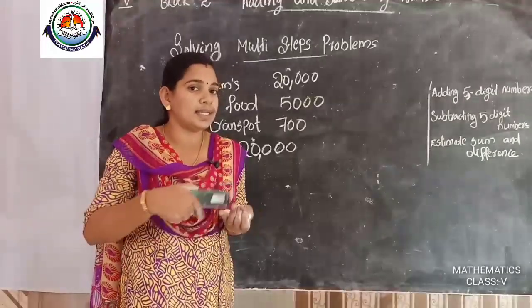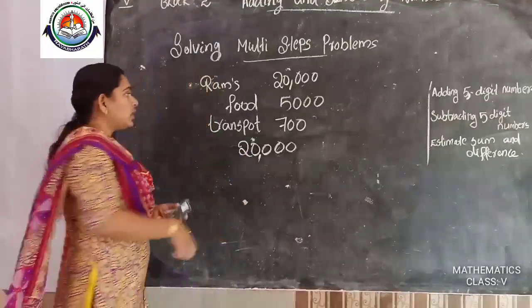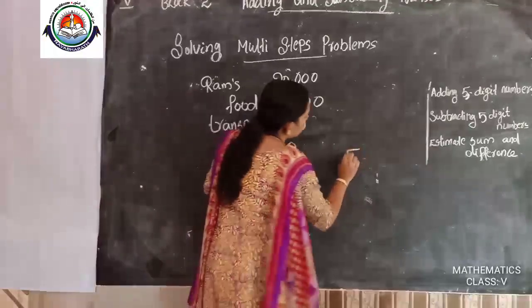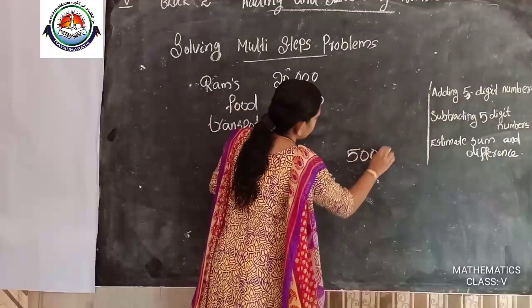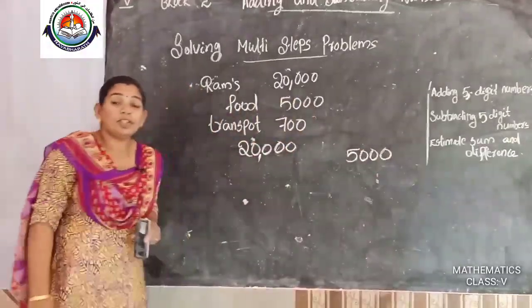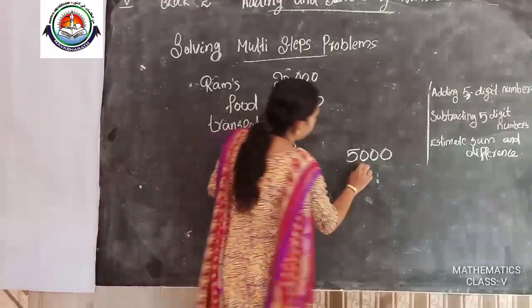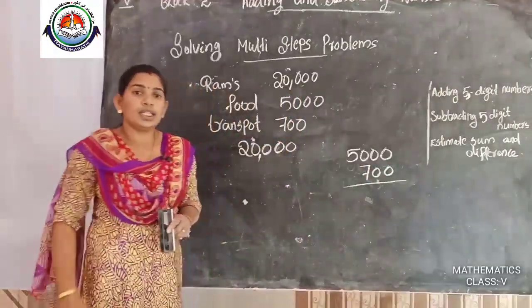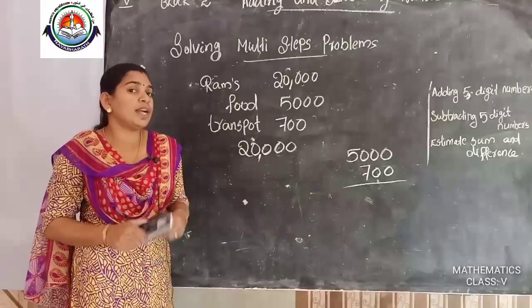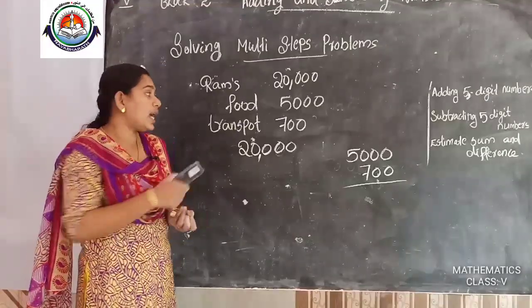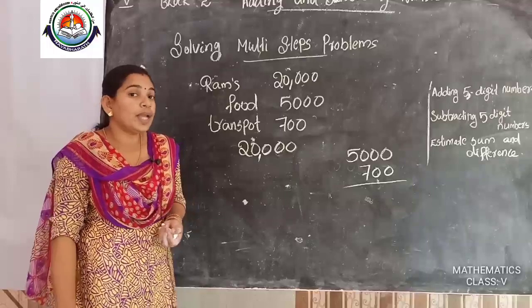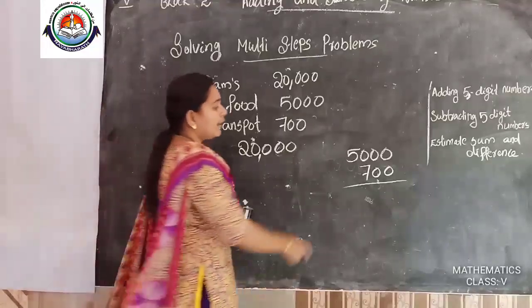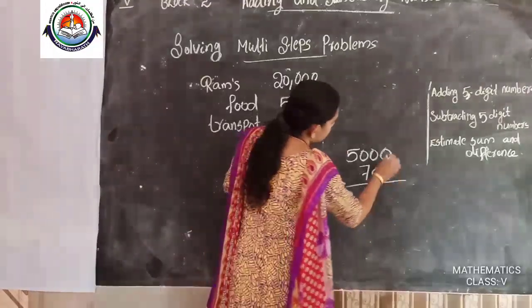So how much money for food? 5,000. How much money for transport? 700. How much money did he spend in total for transport and food? We are adding these two numbers.